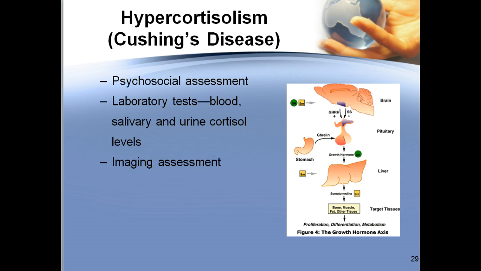They're real prone to infection and to thinning skin. They usually have muscle atrophy, even though they may seem bigger. They may seem that way, but actually they don't have very much muscle. It's more like fat. They tend to be hypertensive.